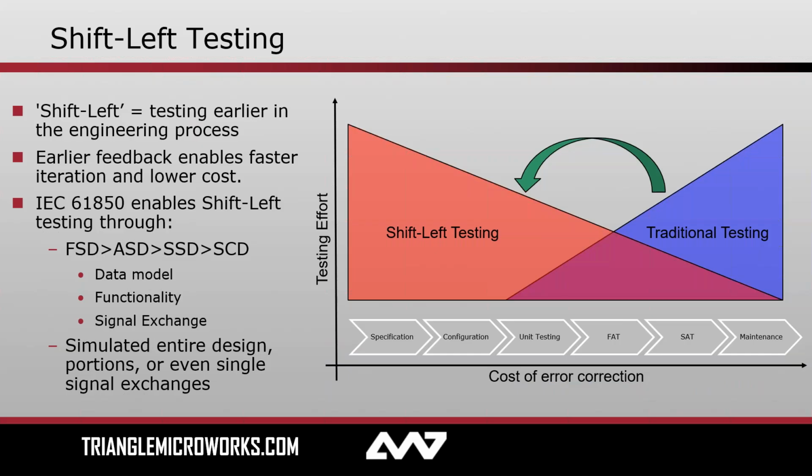Traditional testing happens typically at the back end of the project, and it is loaded in that direction, as you can see by the blue triangle on the right-hand side. The idea of shift left testing is to move as much testing as you can as early as you can in the process, so that you find and correct errors at the beginning and don't have issues at the end.